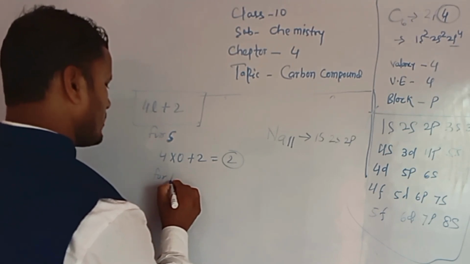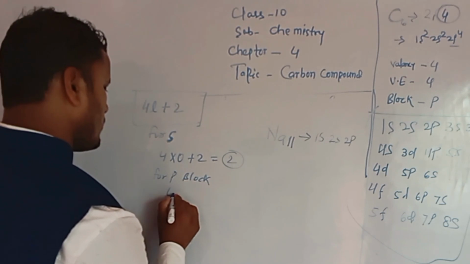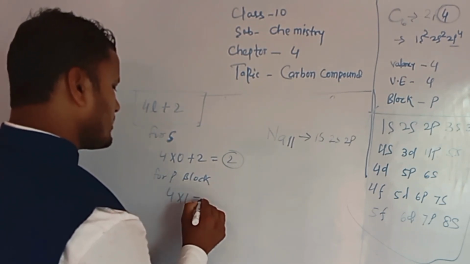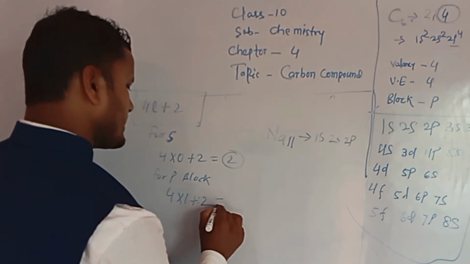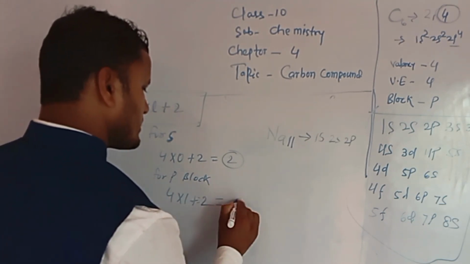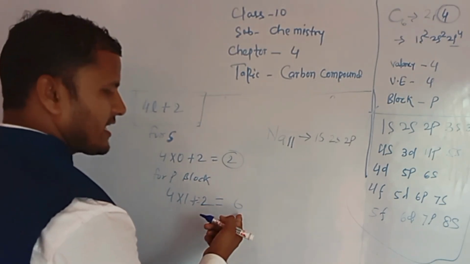p block. 4 into 1 plus 2. Then this becomes 6. It means in the p block, at most 6 electrons can live.